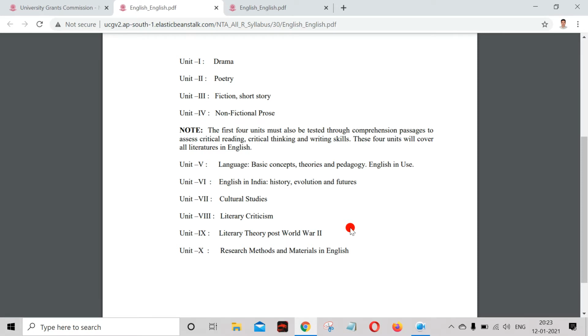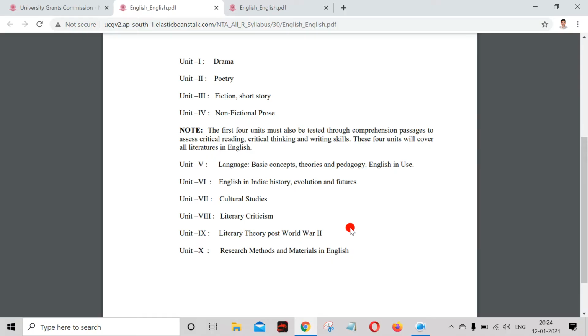Next, you have unit number 9, literary theory post World War II. This has been made a break. Actually, this is a break from literary criticism, and you have literary theory post World War II introduced, and your focus point should be on the theory. There are many books on theory.